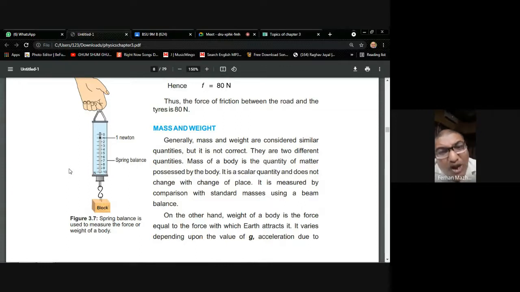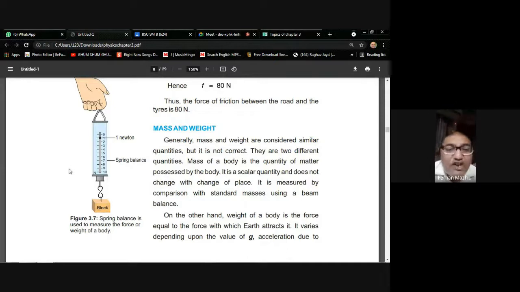But if your altitude increases and you go higher, for example when you go to Islamabad or Murree, your altitude becomes higher. So what happens? You go away from the center of the earth.